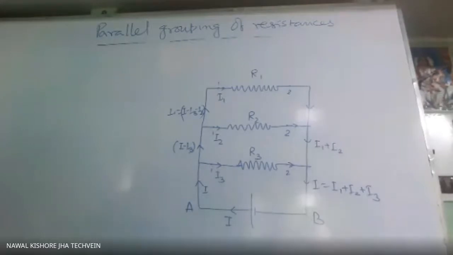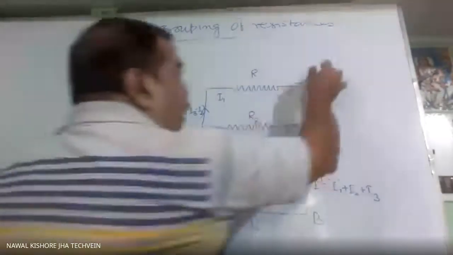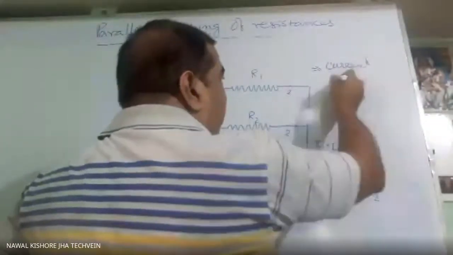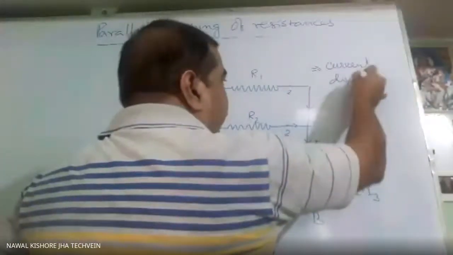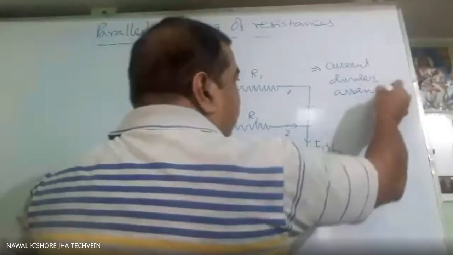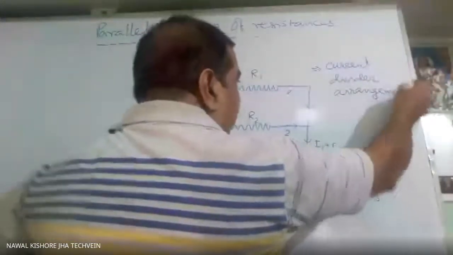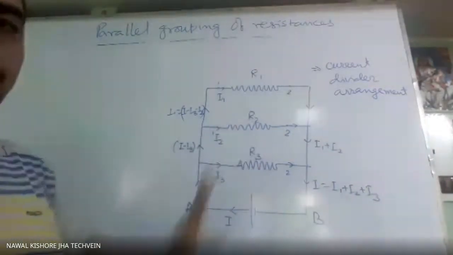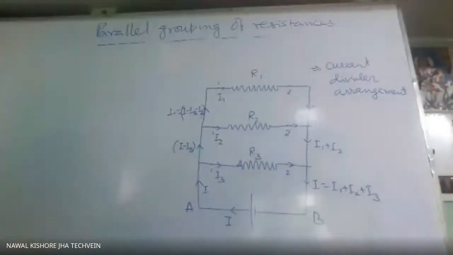So that's why sometimes we say it is a current divider arrangement. So in parallel grouping, current is divided. Now how much current will pass, that we'll see afterwards.